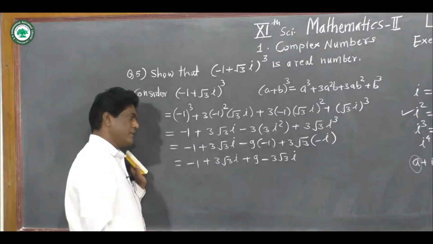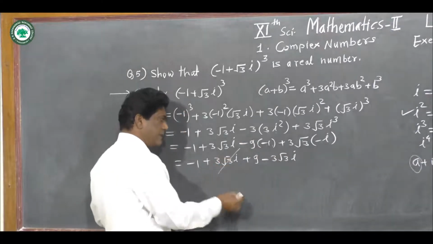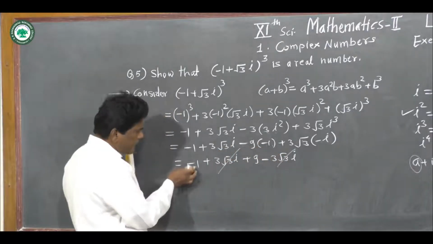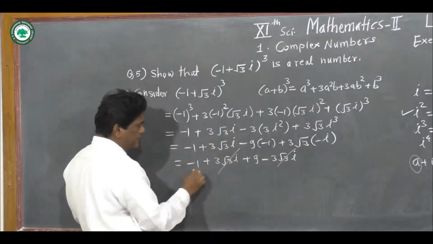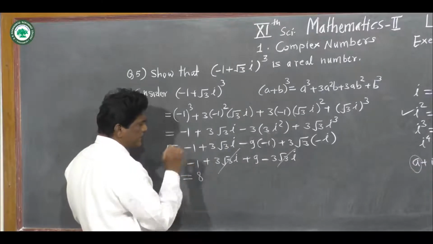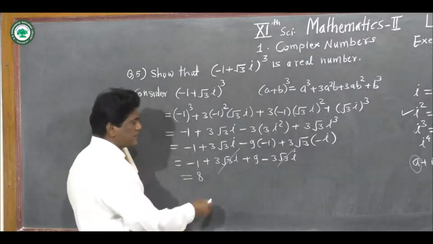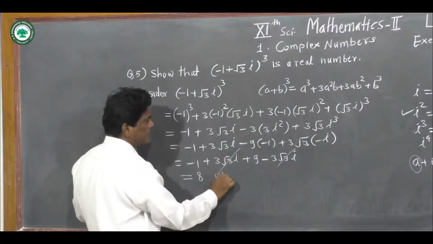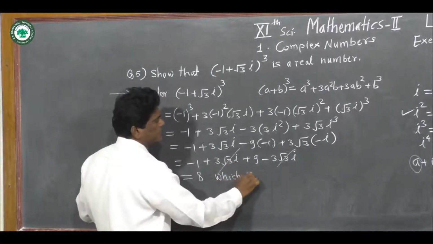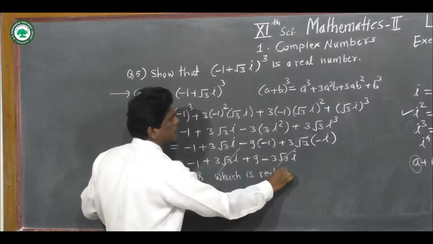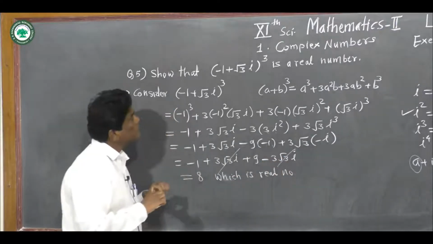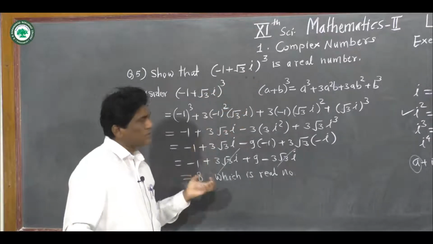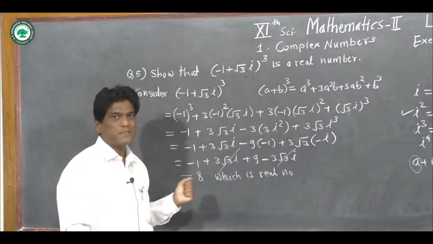Now see here, this plus 3 root 3i and this minus 3 root 3i get cancelled, it becomes 0. Now here minus 1 plus 9, that is 9 minus 1, it is 8, and 8 is a real number. We have to show this as a real number, meaning its expansion does not contain i, the imaginary number.